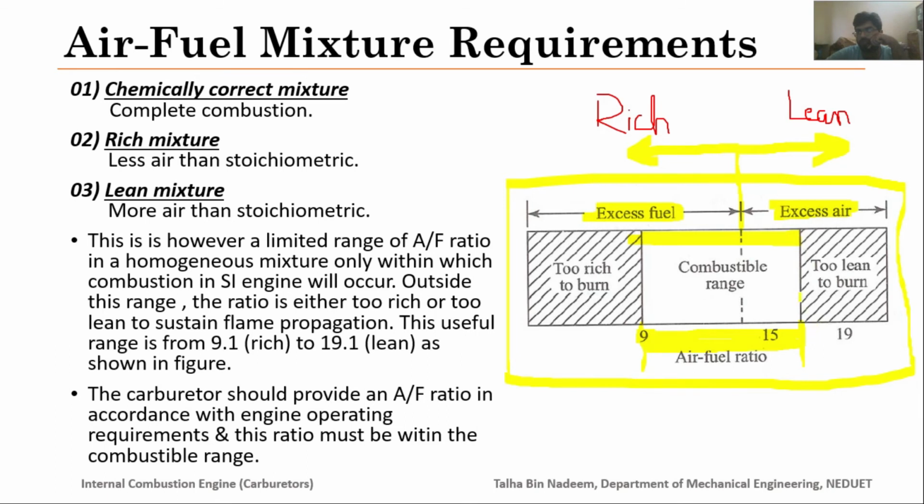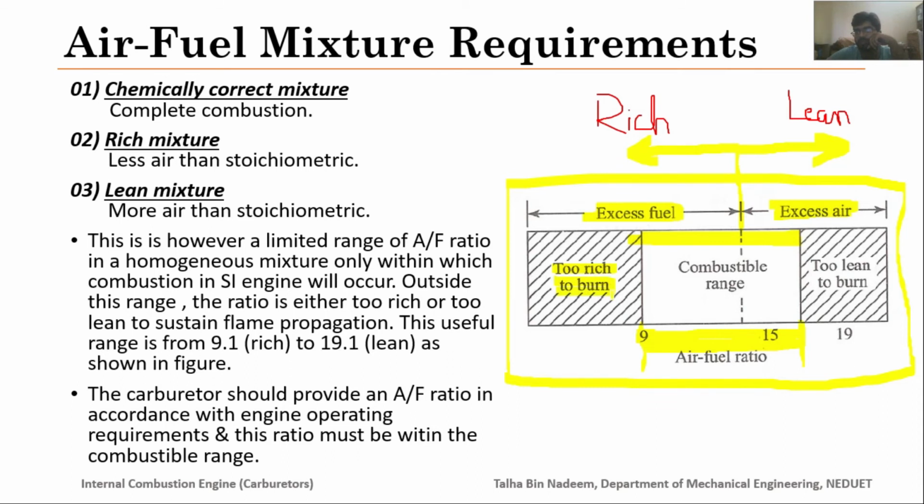But if you provide a much leaner mixture, let's say 18 or 19, then your car may have incomplete combustion, and it will not operate properly. And if you provide an air fuel mixture which is lesser than 9, let's say 7, 8, then you have provided a very rich mixture, and it will not burn properly because it has a small amount of oxygen.